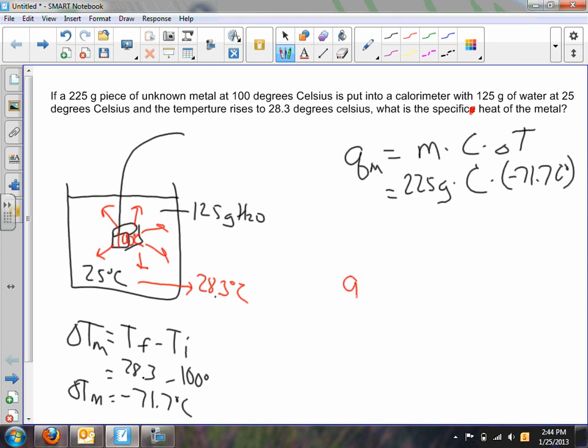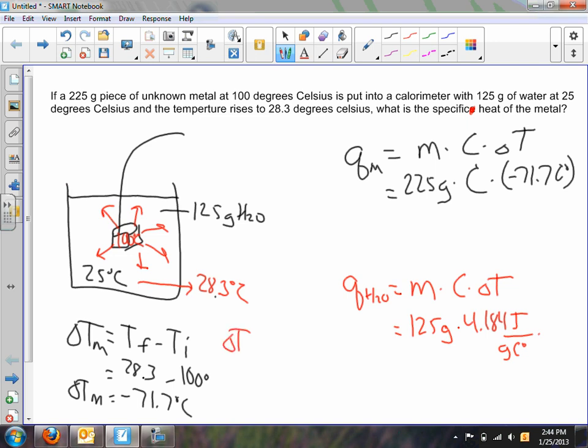So I can find the Q of the water very simply by taking the mass of the water, which was 125 grams, times the specific heat of water, 4.184 joules over gram Celsius degree, times the change in temperature of the water.